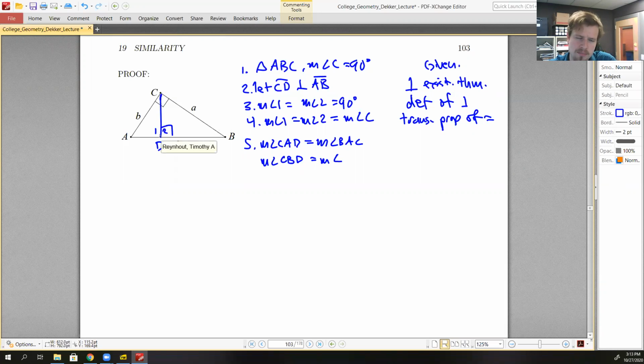So D is corresponding to C, and C is corresponding to A. Yes, I think that sounds right. So both of these are by the reflexive property of equality.